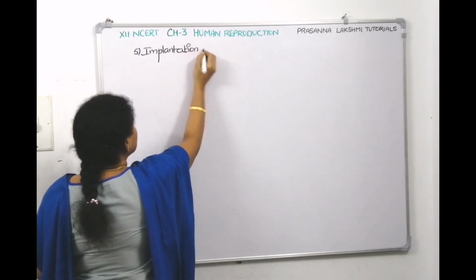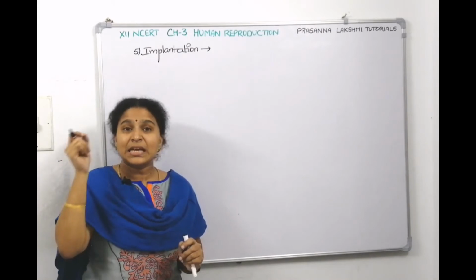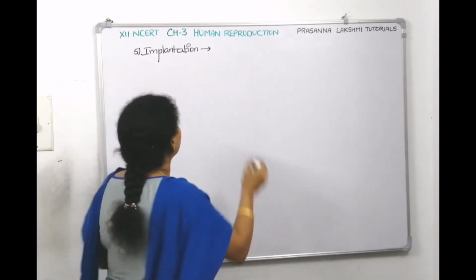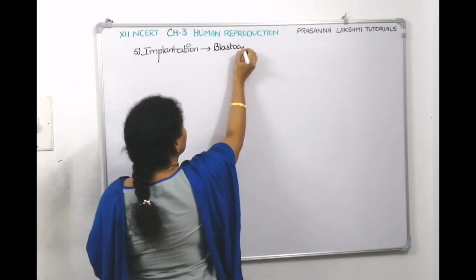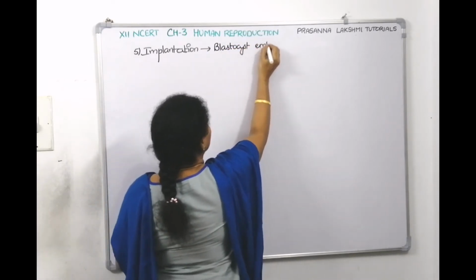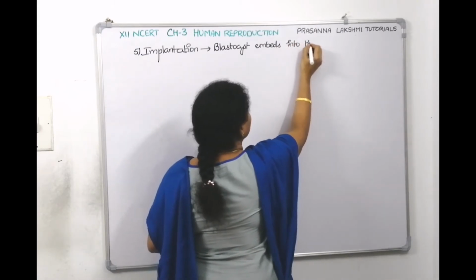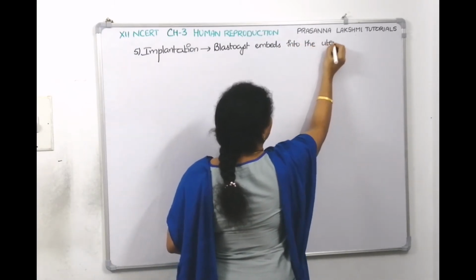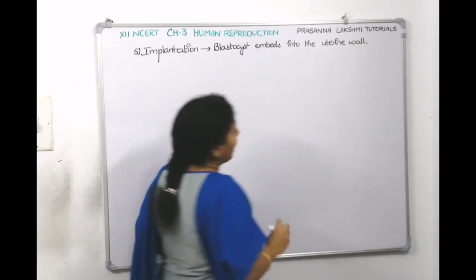Now tell me, what is implantation? Implantation means the blastocyst getting embedded into the uterine wall. The blastocyst embeds into the uterine wall. That's called implantation.